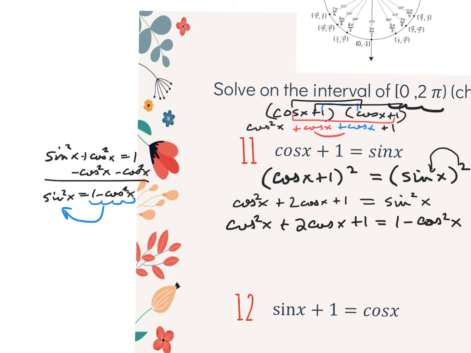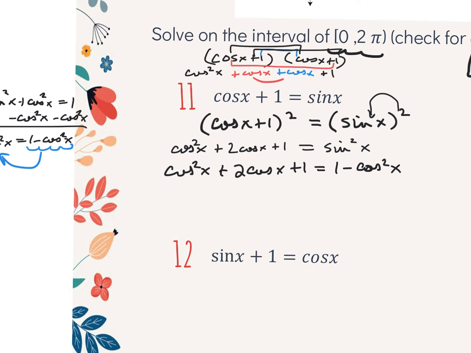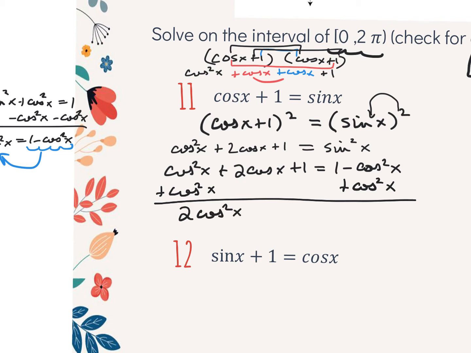I've substituted now. Now I need to set my equation equal to 0, so I'm going to move the cosine squared x over as well as that 1. First let me move this one. Add cosine squared x to both sides. This becomes 2 cosine squared x plus 2 cosine x plus 1 equals 1.